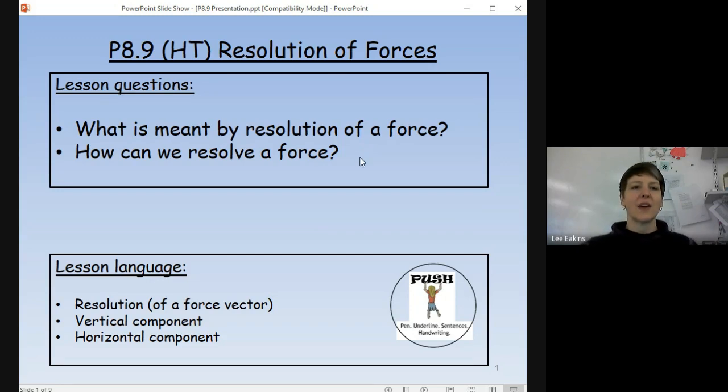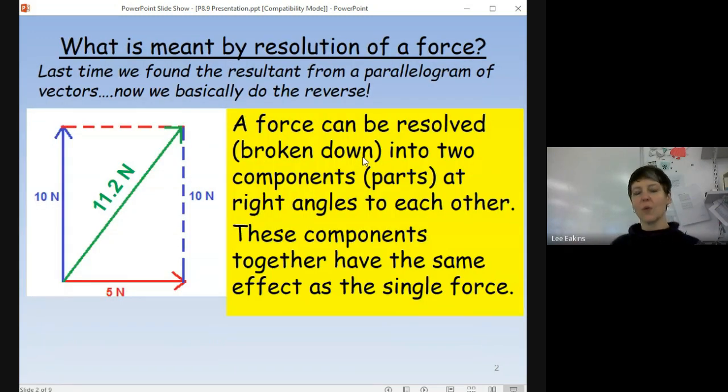All right, so let's find out what it means to resolve forces, or resolution of a force. So last time we talked about the parallelogram of forces, and that's where we were able to take two different vectors and add them together to find a new vector, or the resultant, the sum of those vectors. Today what we're going to do is going to look very similar, but in fact we're going to be taking one force vector and resolving it, pulling it apart into horizontal components and vertical components.